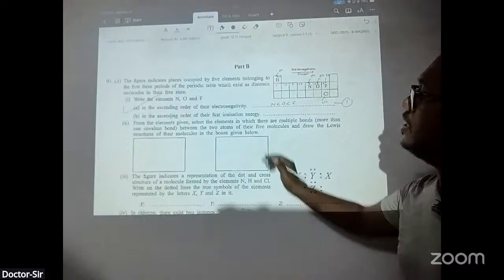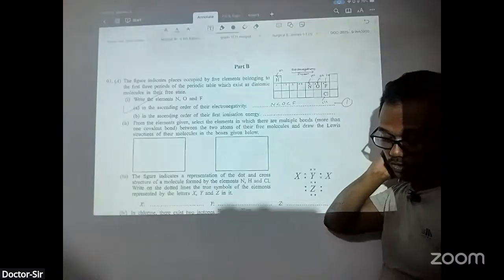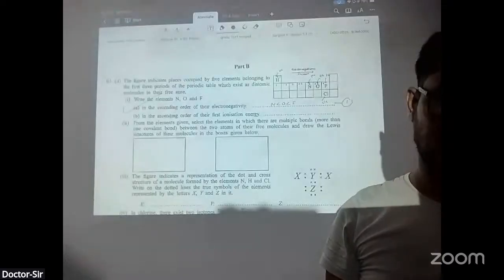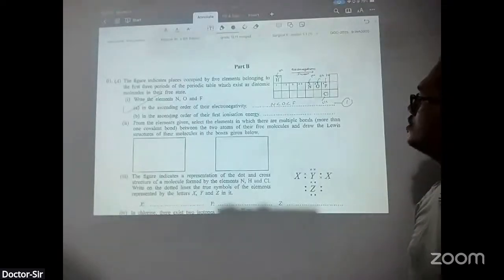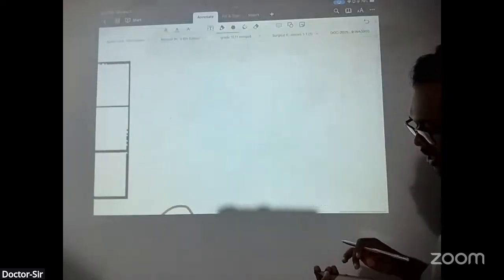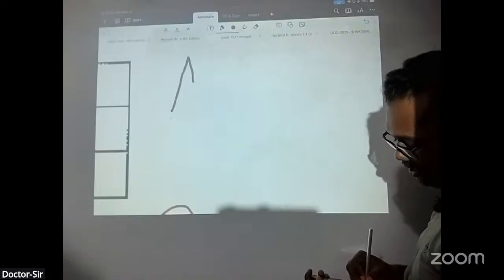Right. Then in the ascending order of the first ionization energy. So you know what happens to the first ionization energy of these elements. We have to go for the first ionization energy graph. Okay, I will draw the first ionization energy here. So it is like this.